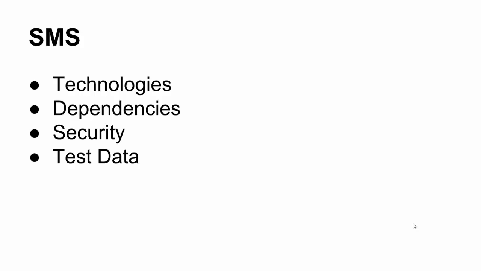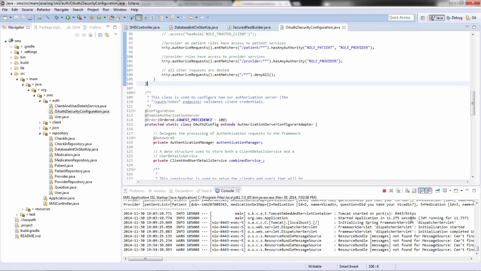Now I'd like to briefly display my security setup and my test data. So within my security configuration, I've created a couple of different roles. They're mapped to different patterns. As far as the HTTP request, I've created a patient and a provider.